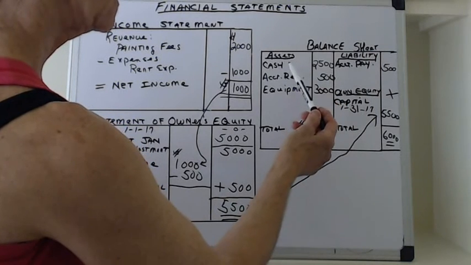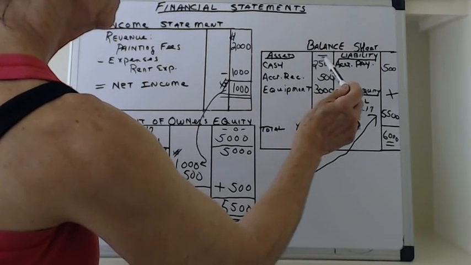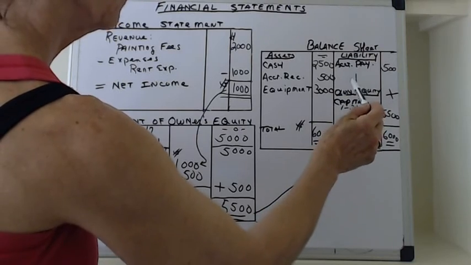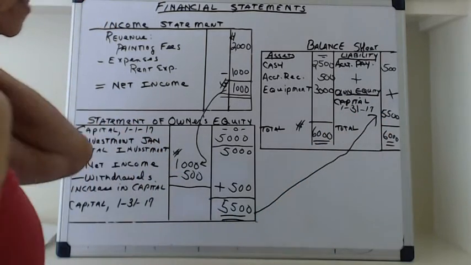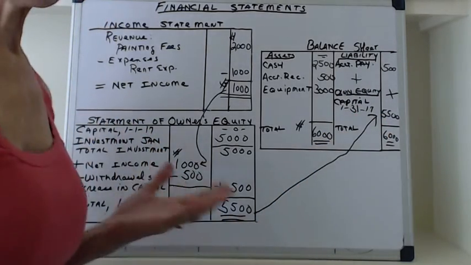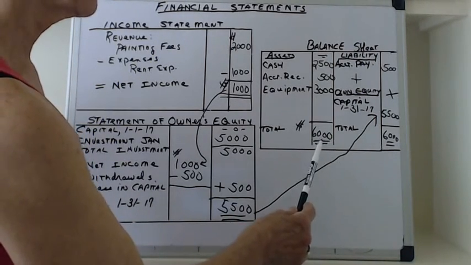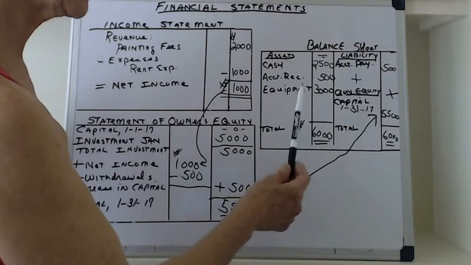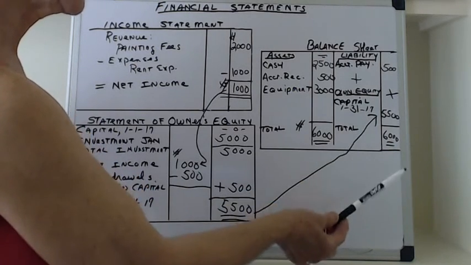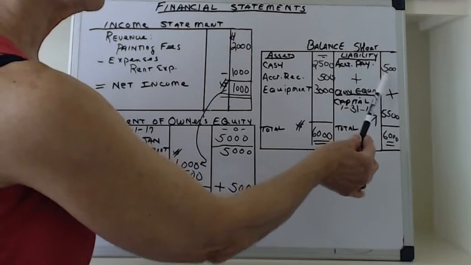So we're saying assets equal liabilities plus the owner's equity. We're in balance. It's showing that, even though he doesn't have a very big business, he is doing fine. He only owes $500.